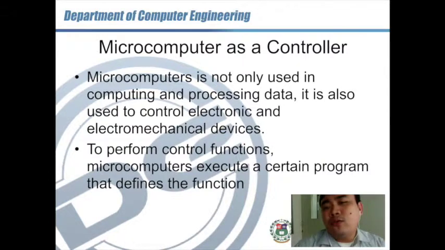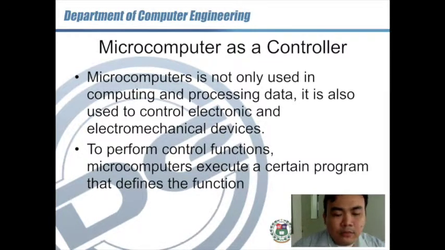So it could control, basically, to rotate a motor, to turn on a mechanical switch, and so on and so forth. To perform the control functions, the microcomputers execute a certain program. So you have to write a program, and this program is interpreted as an instruction to the CPU, and the CPU interprets that as a signal to the I/O device, or reading a signal from an I/O device.